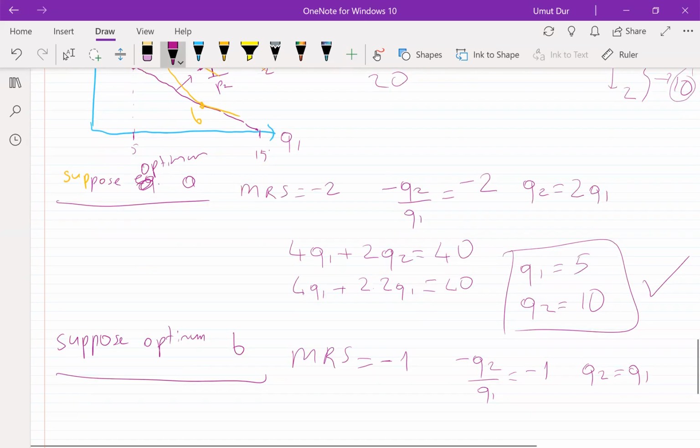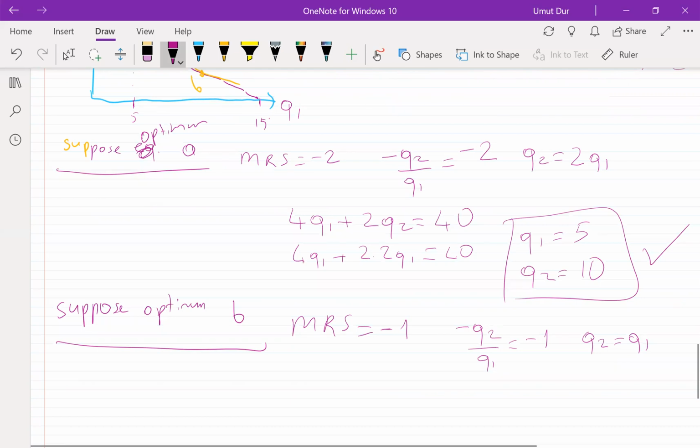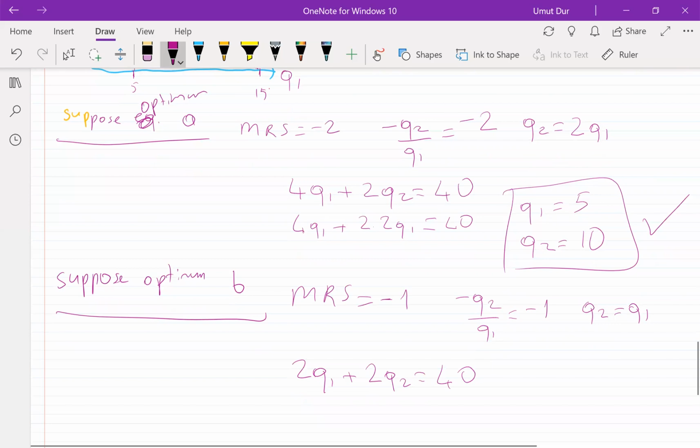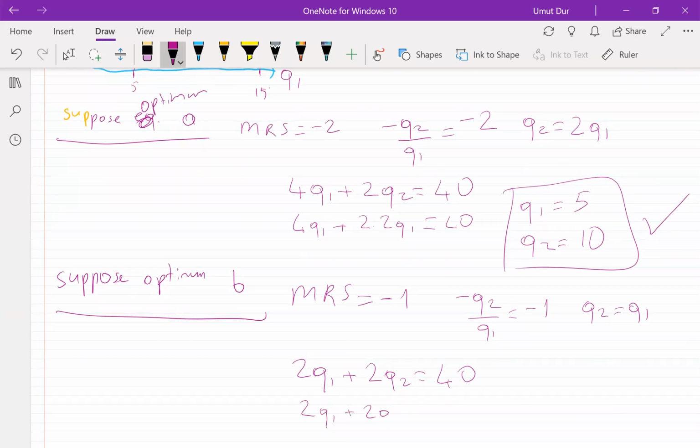But now the budget equation is 2Q1 plus 2Q2 is equal to 40. Instead of Q2, I will just plug in Q1 here. Q1 is 10. What is Q2? Q2 is also 10.